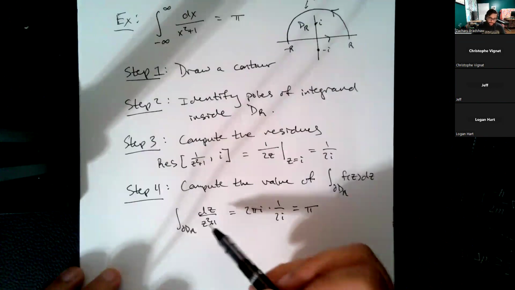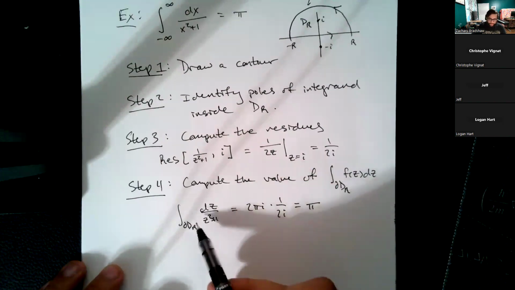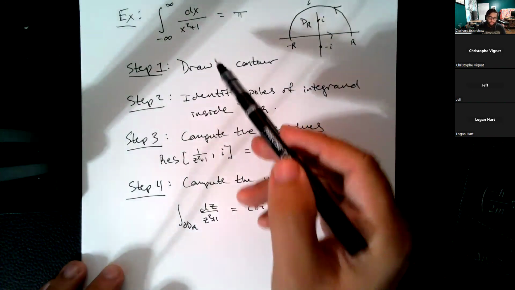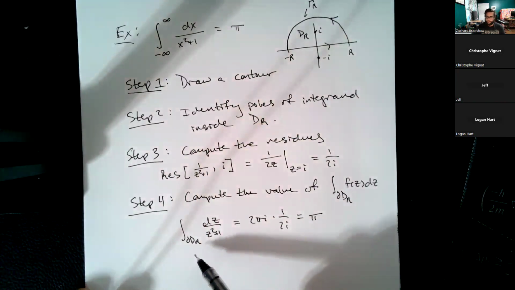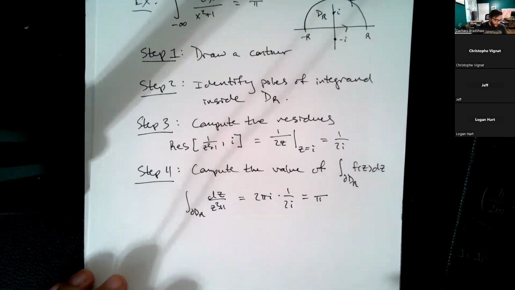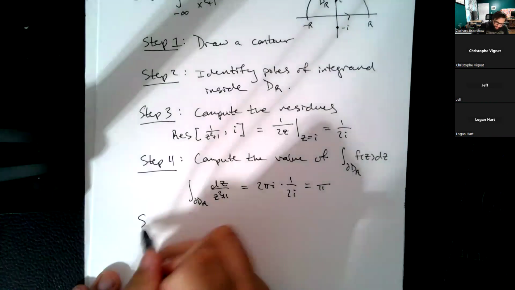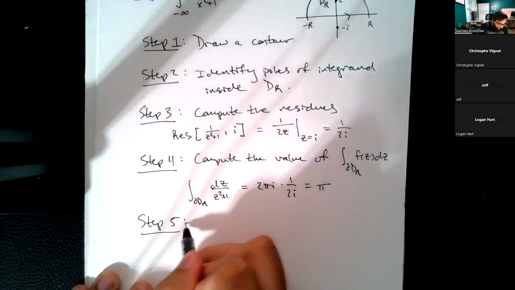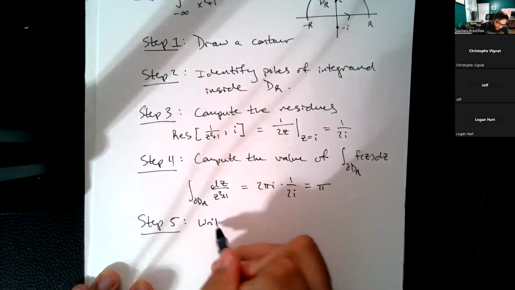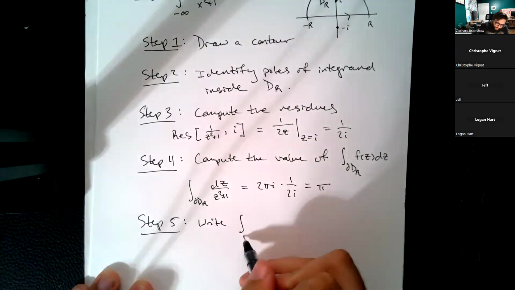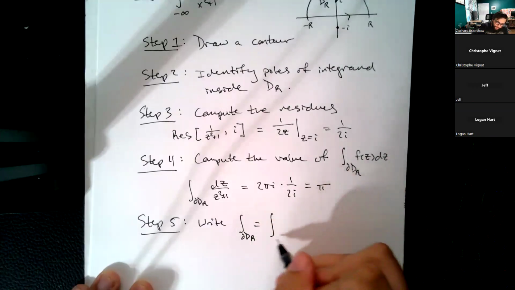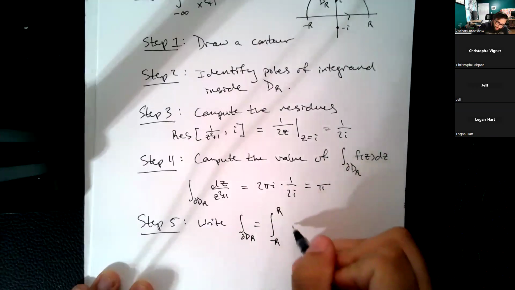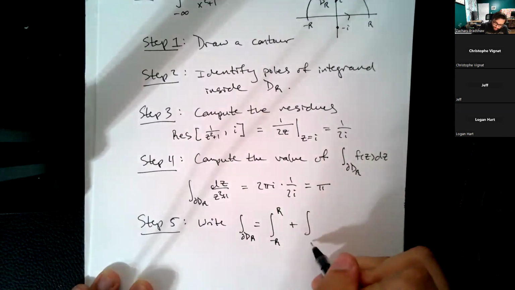So now what we want to do to finish this off is show that this integral is in fact equal to this integral up here as r goes to infinity. So how do we do that? Well, step 5, we basically write the integral along the boundary of D r. We split it up into the integral from minus r to r plus the integral along gamma r, right?